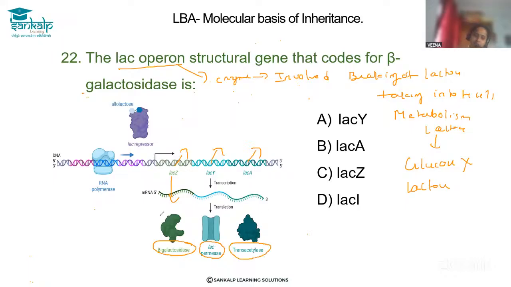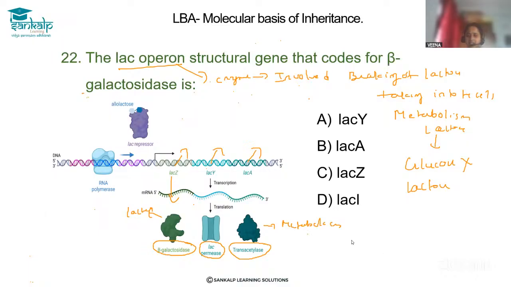Beta galactosidase helps to break down lactose, and lac permease takes the lactose into the cell. The proper function of transacetylase is unknown, though it is still involved in the metabolism process. So this is the function of these three structural genes.